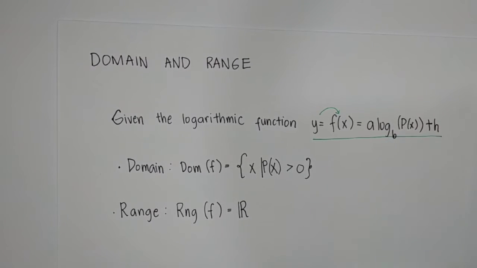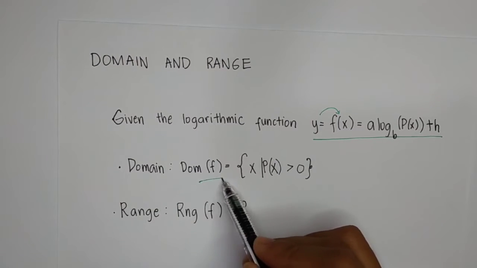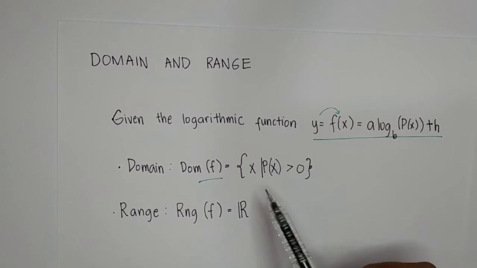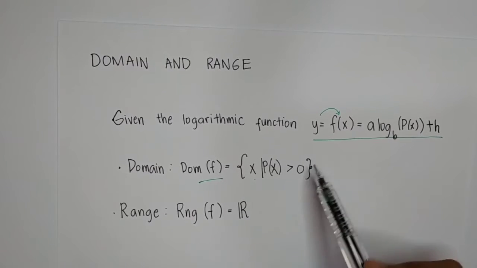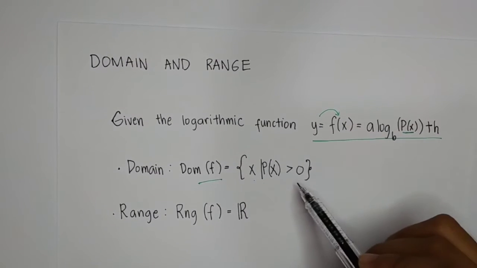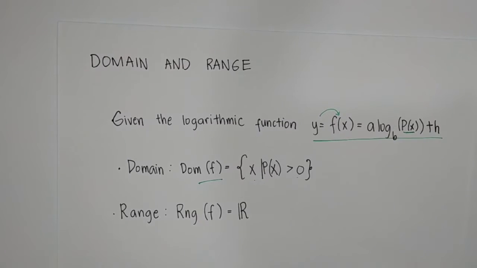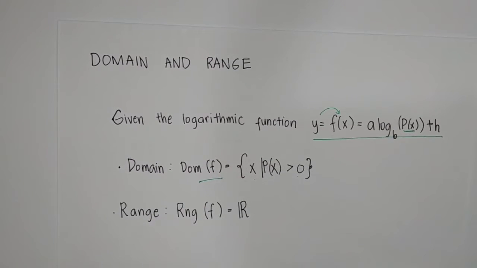Then the domain of f is equal to the set of all x such that p of x is greater than 0. So dapat ito is greater than 0 siya. That is always positive. Then the range of our function is the set of all real numbers. Di ba?